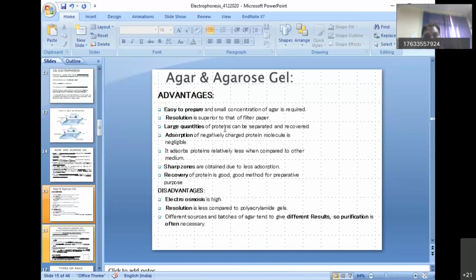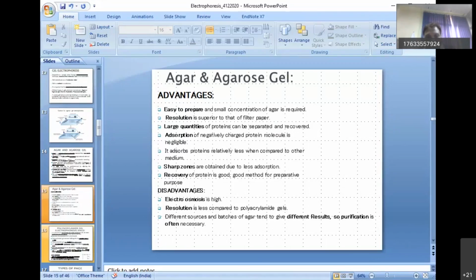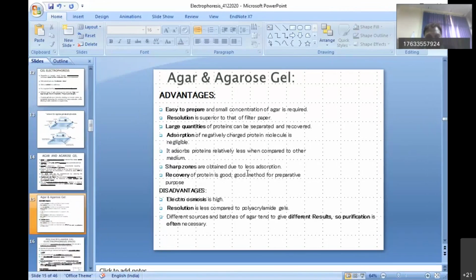A large quantity of proteins can be separated, or DNA can also be separated. Adsorption of negatively charged protein molecules is negligible basically. And the recovery of the protein is good, a good method for preparative purpose. And the disadvantage is that the electro-osmosis is high, and the resolution is less compared to the polyacrylamide gel.